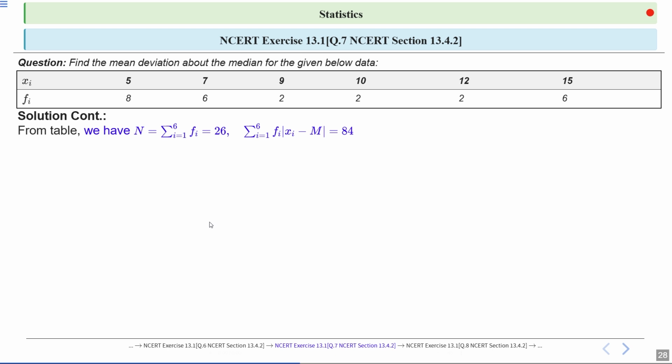So from the table we have n equal to the summation i equal to 1 to 6 of fi. This is equal to 26, and the summation i equal to 1 to 6 of fi multiplied with the absolute value of xi minus m is equal to 84.